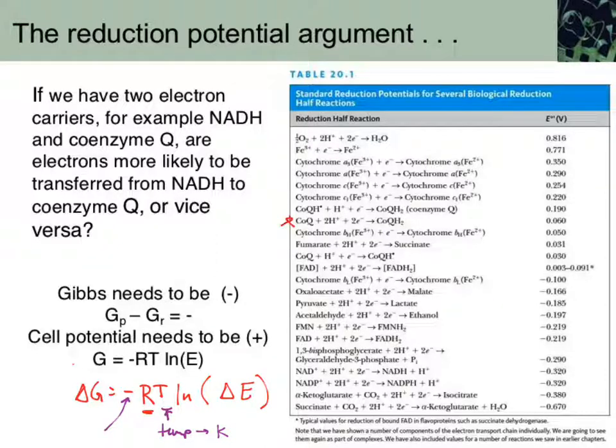Let's look at that one. Would I expect electrons to be transferred to NAD+ from CoQ or from NADH to CoQ? How would I go through and set this up?